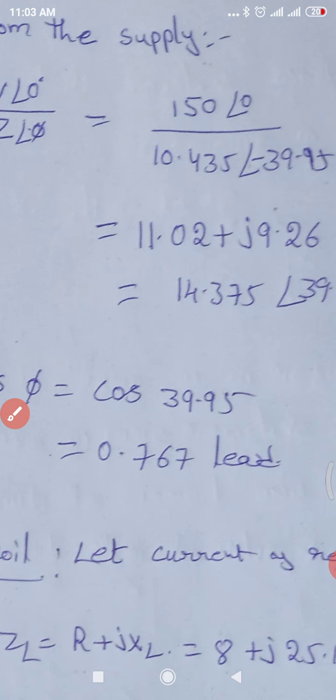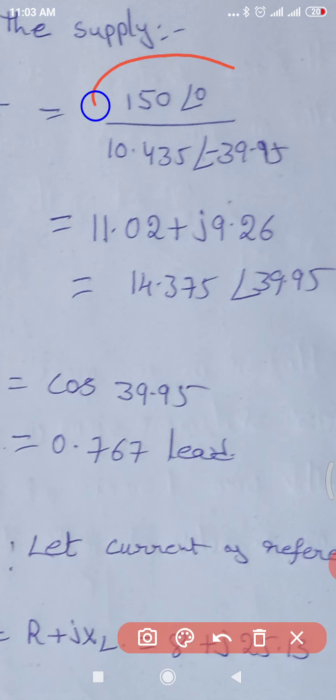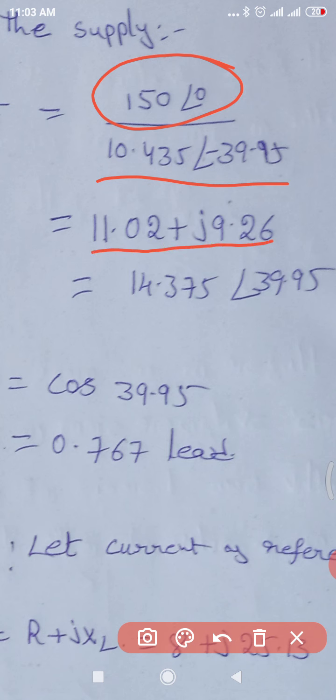They are not mentioning any angle beside the voltage, that's why I am taking it as reference, 150 at an angle 0 degrees, and already we calculated Z as 10.435 at an angle minus 39.35. If you simplify this using a calculator, we get 11.02 plus j9.26. This is the rectangular form.